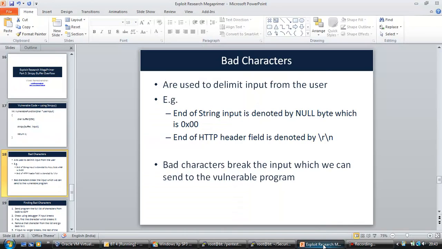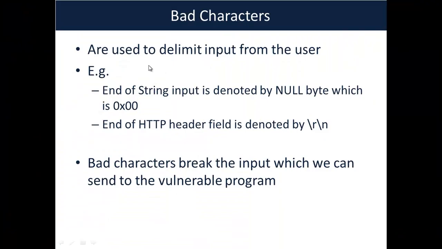Let's quickly come back to the presentation to understand what this means. Bad characters are characters which are used to delimit input from the user. So what is the input we send to the program? That long string. That long string was using the strcpy function to copy user input into the array, which we overflowed.